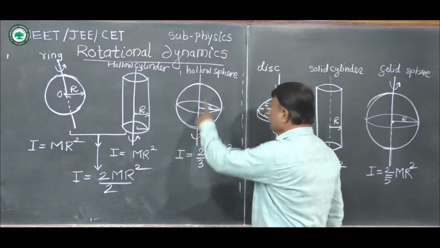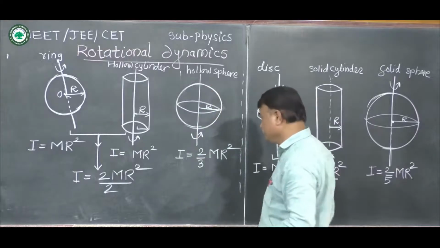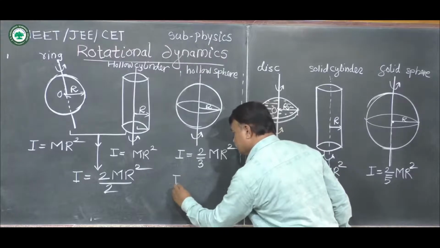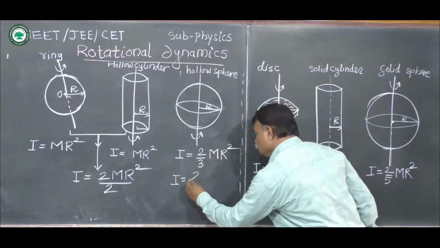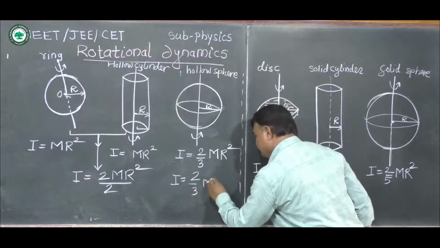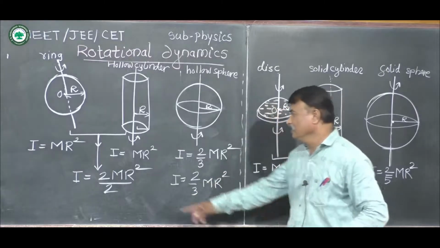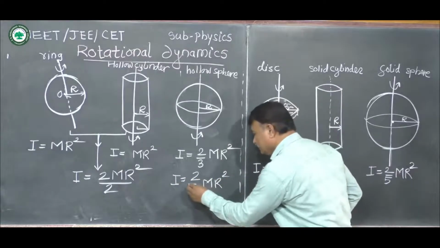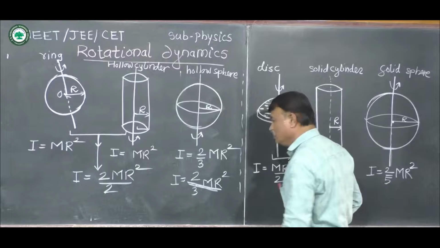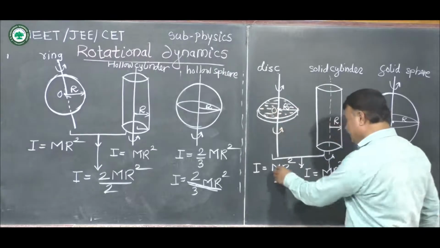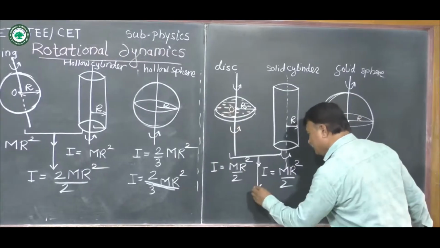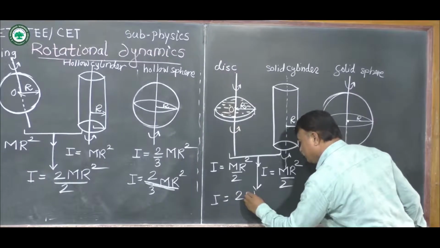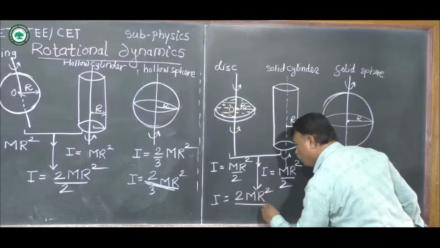Now if we consider this hollow sphere, then its moment of inertia for a hollow sphere is 2 by 3 mr square. Here 2 mr square is common, so we write 2 mr square upon 3. Again here we can write in a similar manner this moment of inertia I is equal to 2 mr square upon 4.